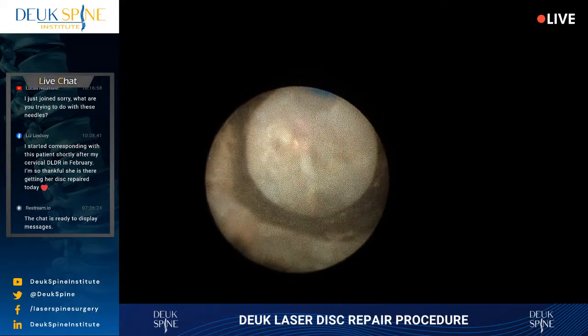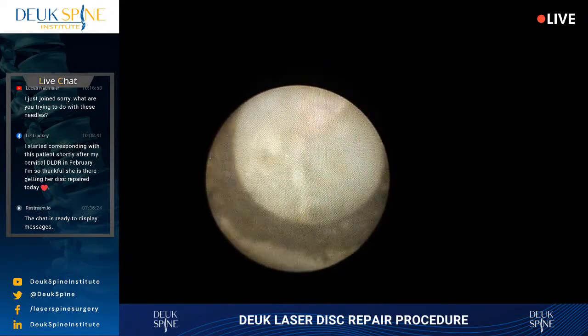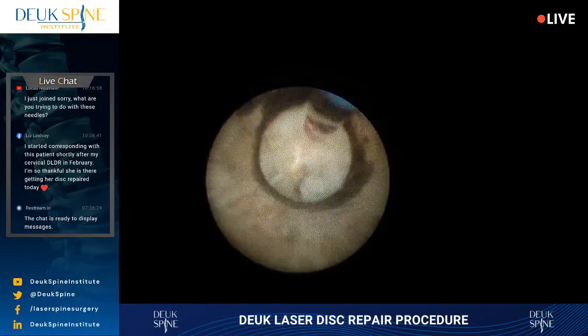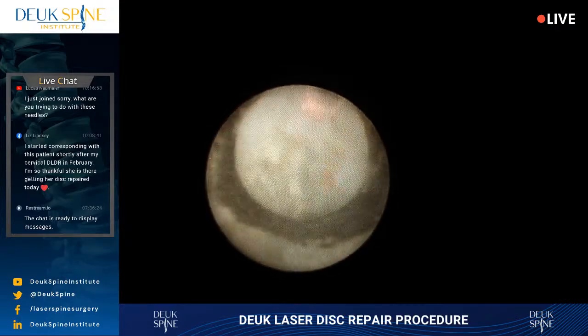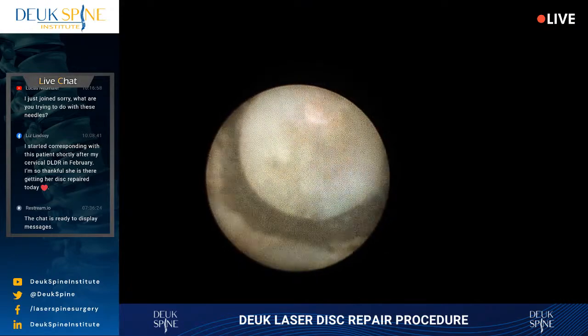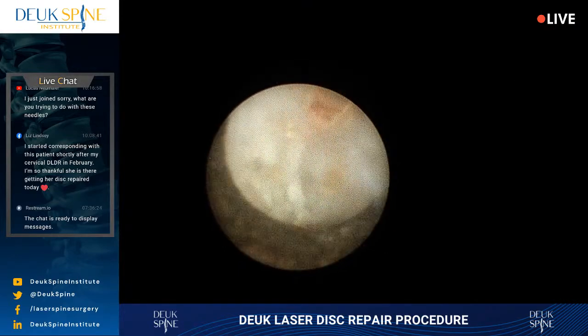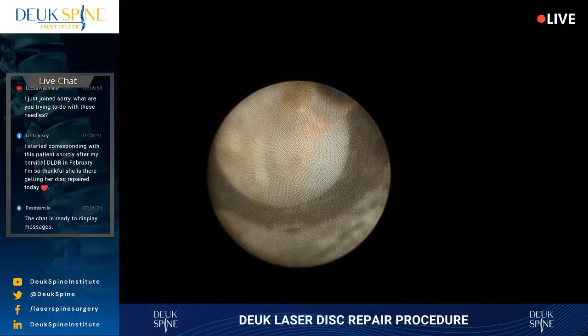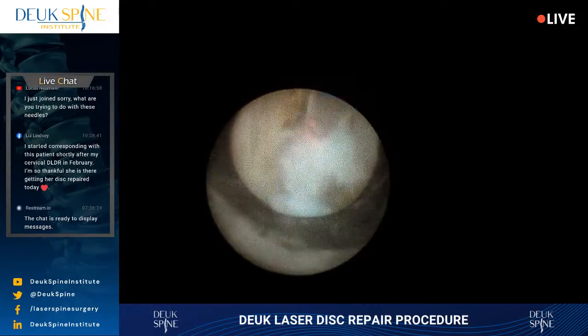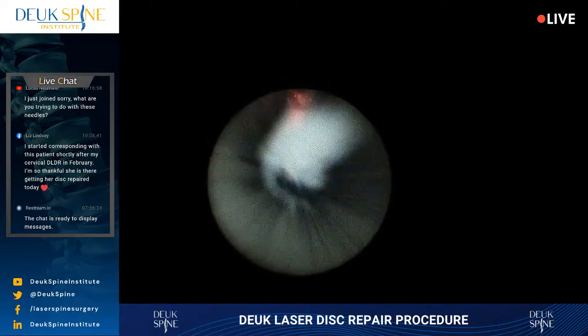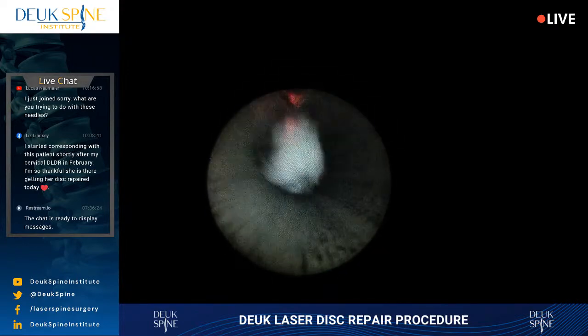Now, there are some exceptions to that. If somebody has had, for example, a fusion or something else done already in their neck, then I would change sides and I would go on the opposite side of the fusion, because going through that fused area is too dangerous. There's too much scar tissue.